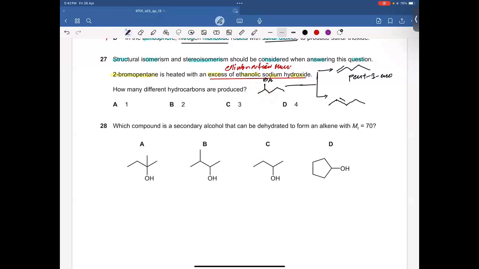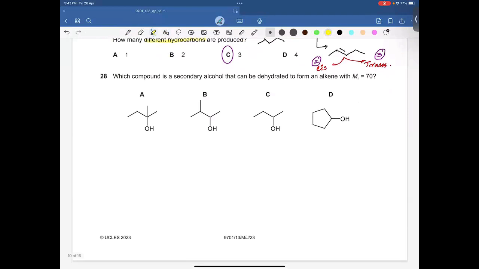And this pent-2-ene gives you both cis and trans. So technically we have the first structure, we have the second, and we have the third one. So in total we have 3 different hydrocarbons, and therefore C is going to be the right answer.